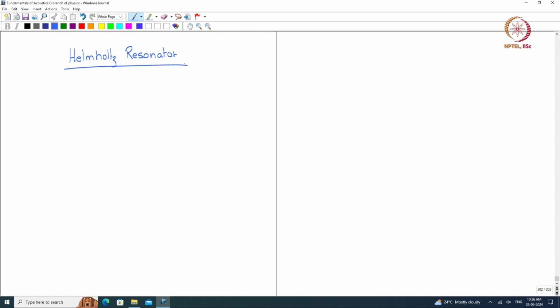It looks like this. There is a neck, and there is a bulb of acoustic fluid. There is a short neck of length L, and this has a nominal volume V0, and the neck has a cross section of S.